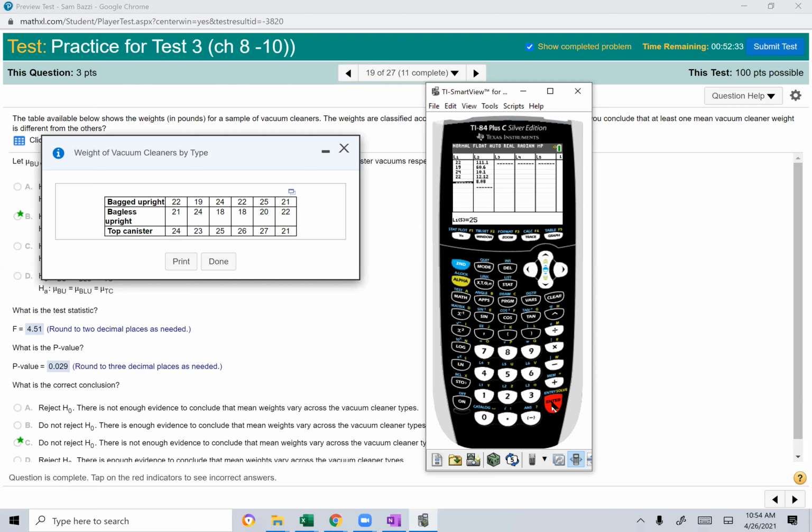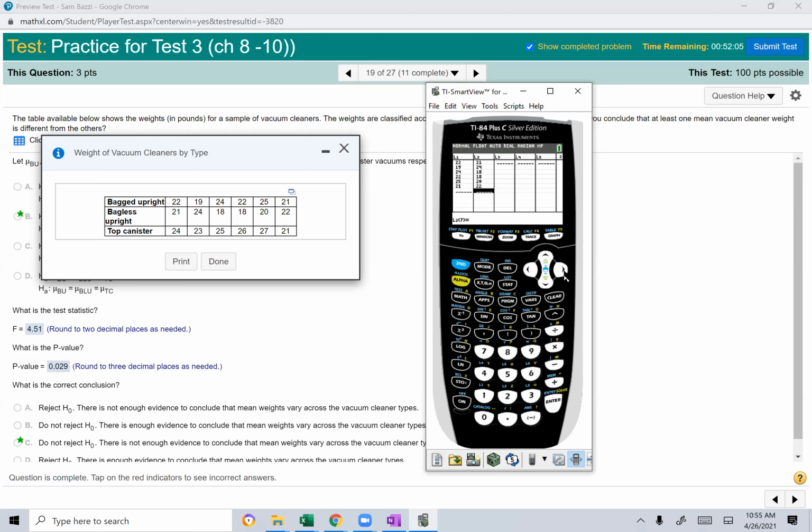25, 21. Actually, after this section, guys, we only have one section to review. As I told you, 10.3 is not included in the test. So L2, 21, 24, 18, 18, 20.